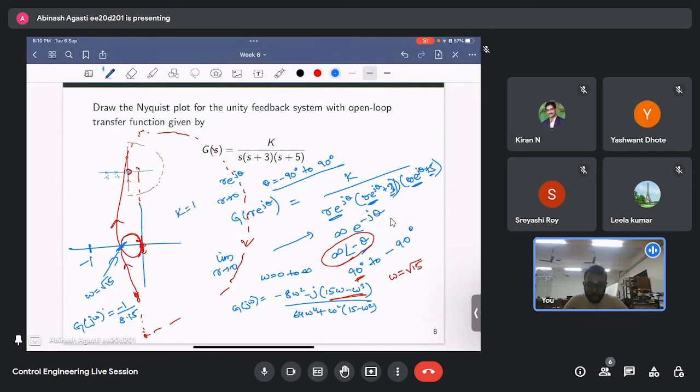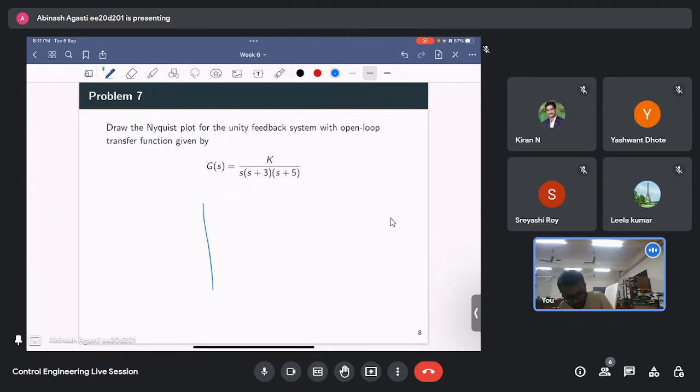So whenever you are given a Nyquist plot, put k equal to 1 and find all the crossings and everything. Then for any k, this will be scaled up by k, so minus k by 8.15. So if k equal to 8.15, then the Nyquist plot will be something like this, passing through minus 1.